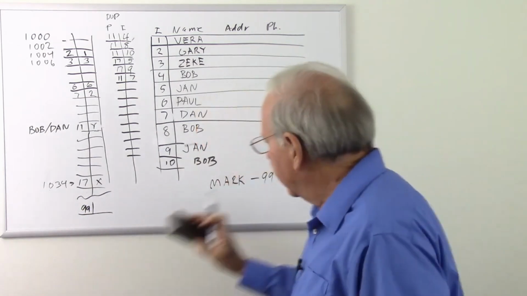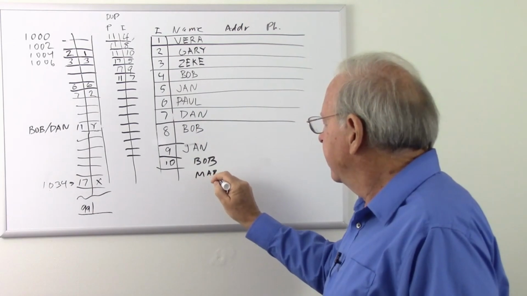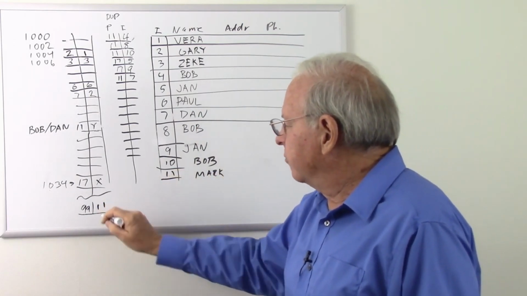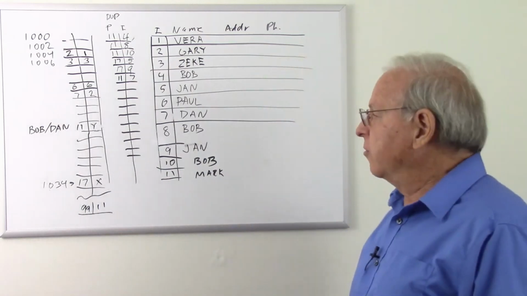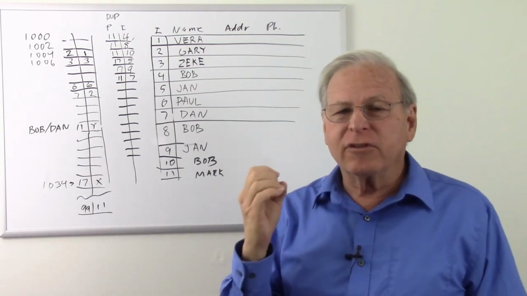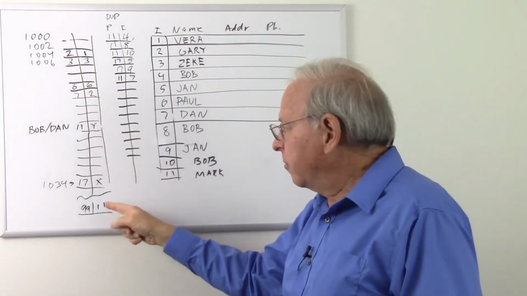Let's get Mark out of the way here. Mark is in our table here, and he's going to be number 11 in the table, so 99 goes to 11. Now, if I go search for Mark, now Mark is at the very bottom of the hash table. So if I use this hash table such that I had to search it, I'm going to have to go through the whole hash table before I find Mark.